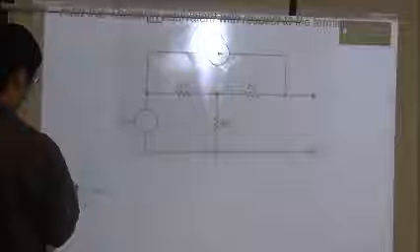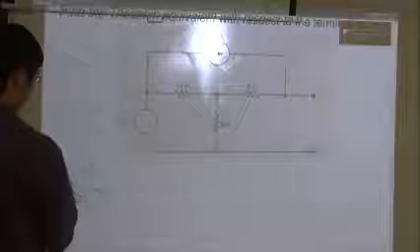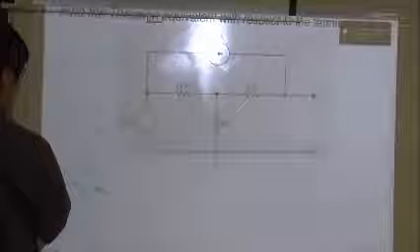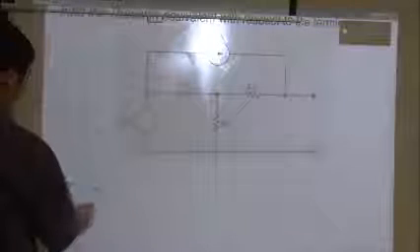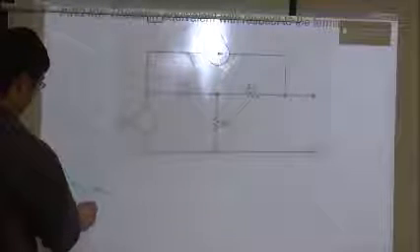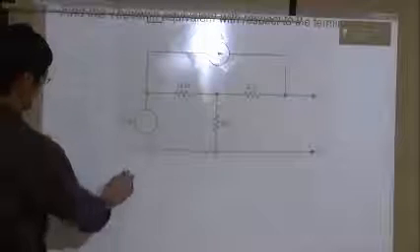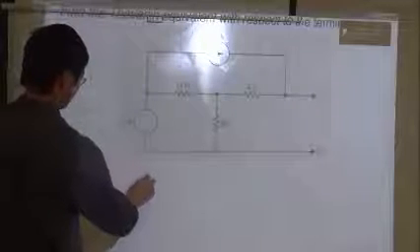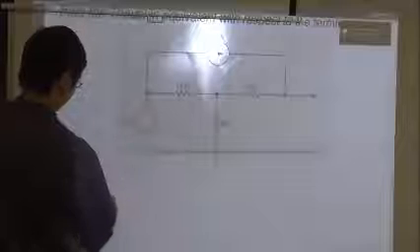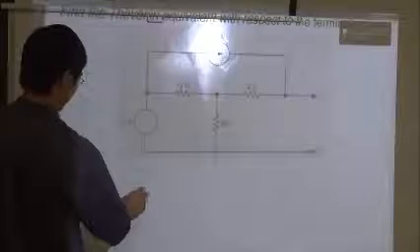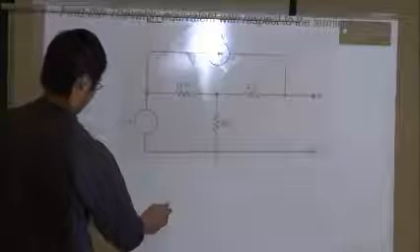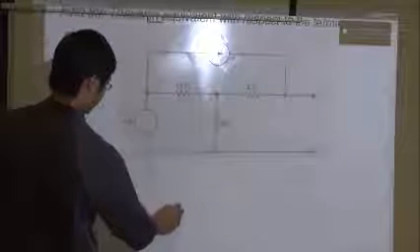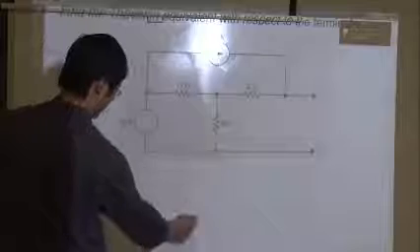So it's 12 and this is 6. This one will get 1/3 of your 8 amp, and this will get 2/3 of your 8 amp. So VA minus VB will be 8 times 2 ohm plus 2/3 of 8 amp times 6 ohm, right?